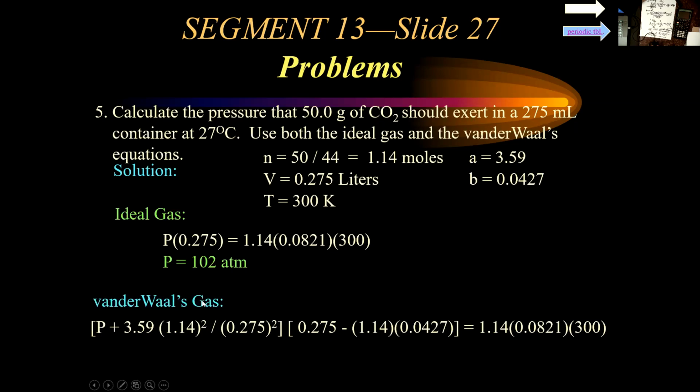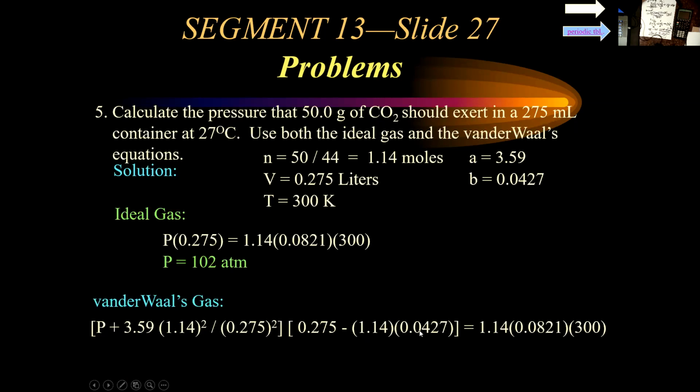Now let's see. Now this looks kind of messy, doesn't it? P plus a n squared over V squared, times V minus nb.